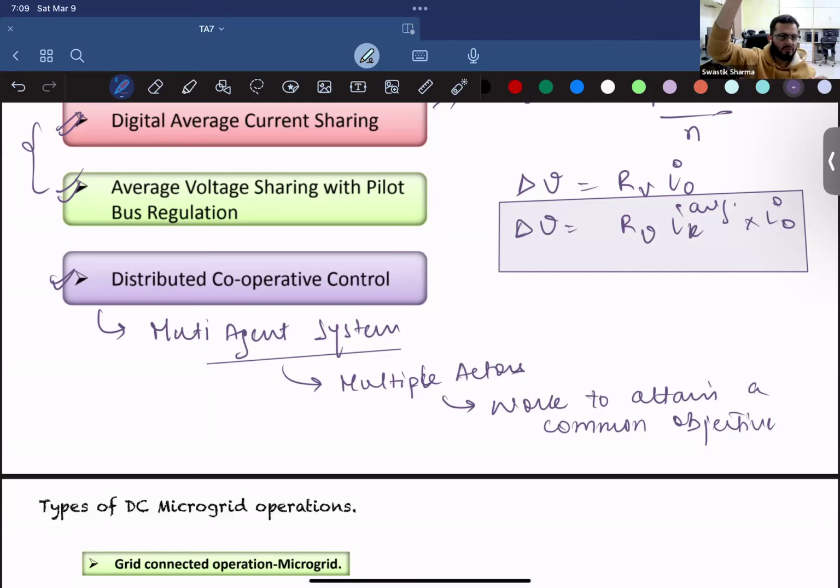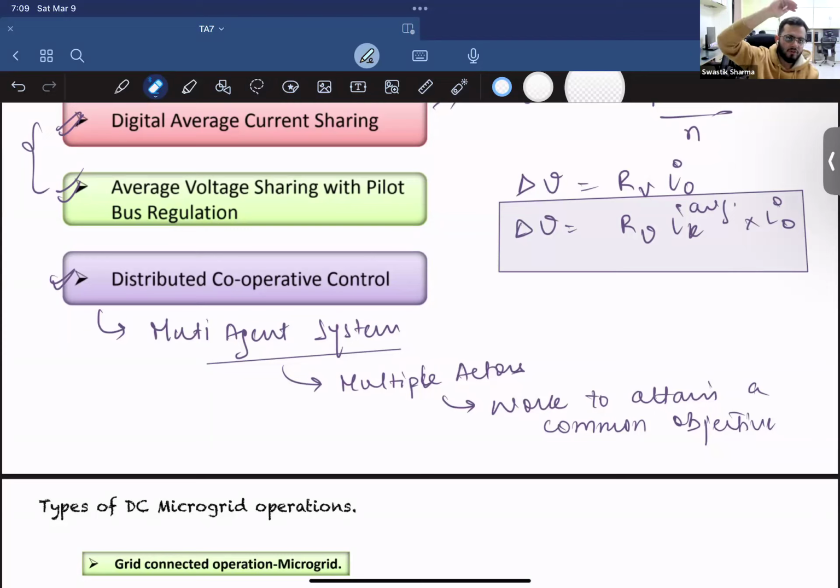To achieve some task, let's say, prosperity of the nation. So all of them work independently, on their own areas, to achieve a common task of prosperity of the nation. Similarly, in this, there are multiple actors working to attain a common objective. That is why it's called a cooperative control.